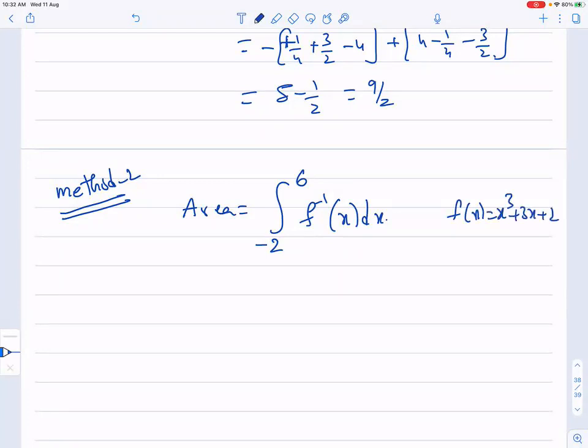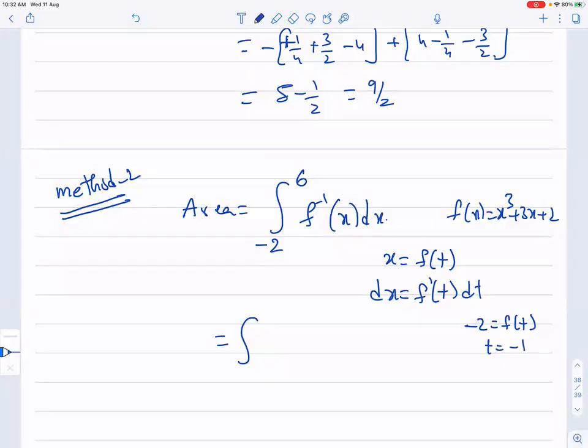How do we do it? Check out. I take x as f of t. Can I do that? dx will be f dash t dt, students. The limits will change. Since x is f of t, when x is -2, the value of t is -1, as we did just now.